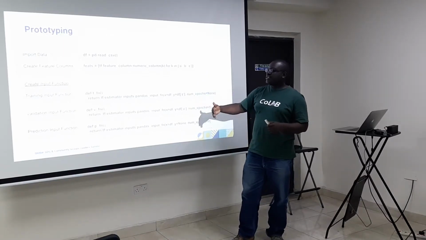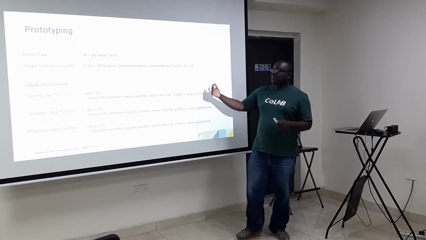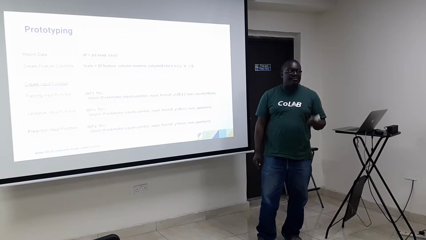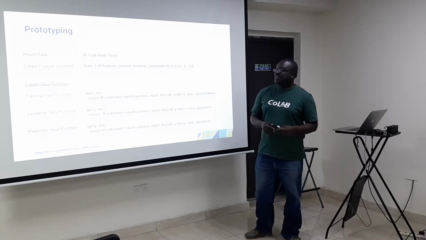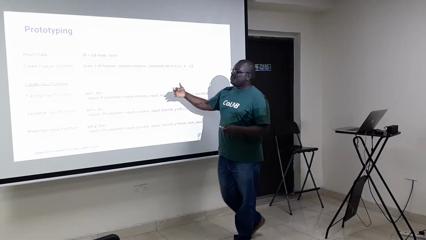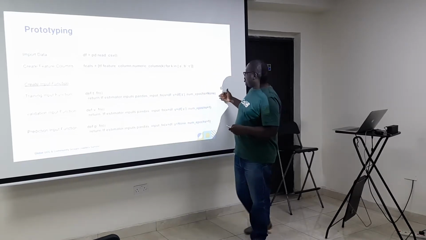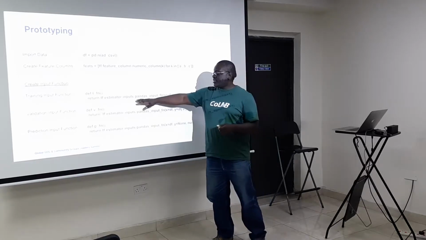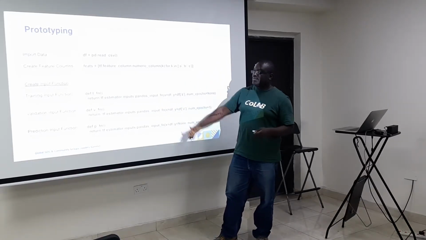Now, estimators require input functions. When you build models, there's a training phase, there's an evaluation phase, and then there's an inference phase, which is where you put the model into production and start using the model. For the training phase, there's a training input function, which you need to define. And again, this is compressed, but this is one way of defining an input function, the simplest way.